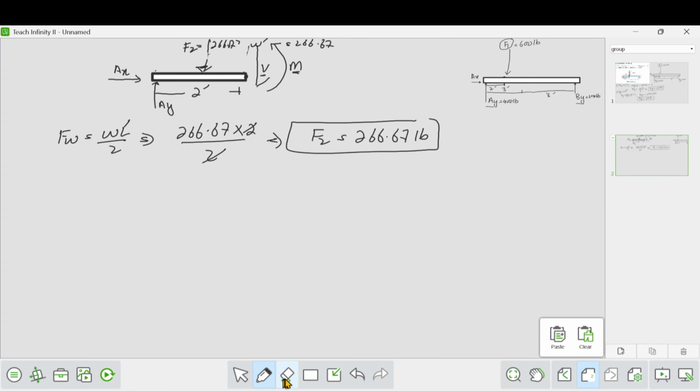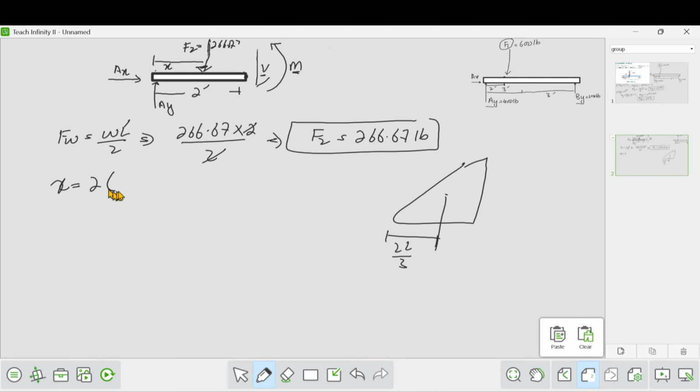Okay, I will remove this omega. Now I can find this much length. What will be this length? Let's say this is x. So x is equal to, if this is a triangle, 2L divided by 3.